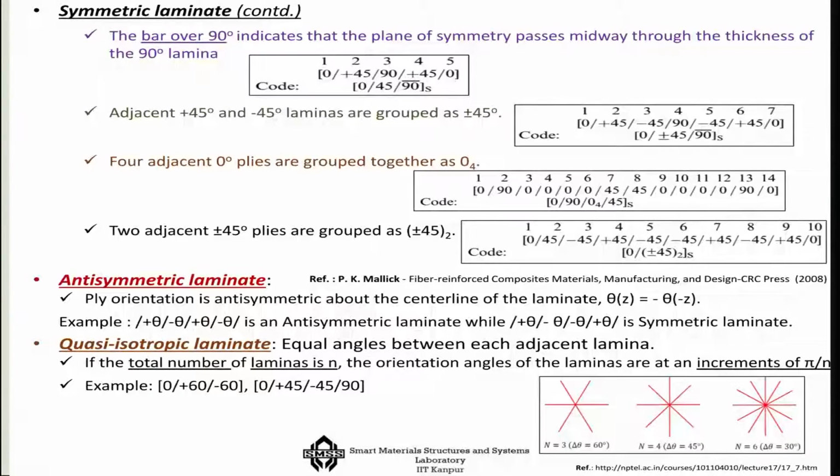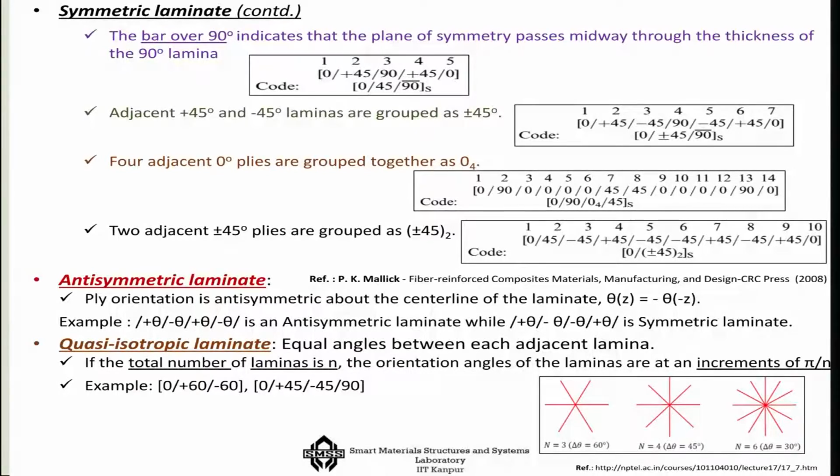There is another one which is known as the quasi-isotropic laminate. Quasi means it is isotropic only under certain special cases. For example, if you consider a composite which has ply angles only at the ratio of pi over n, suppose it is 3 layers, then it is a 60-degree ratio, 0, plus 60, minus 60. Similarly, with n as 4, it is a 4 layer ratio.